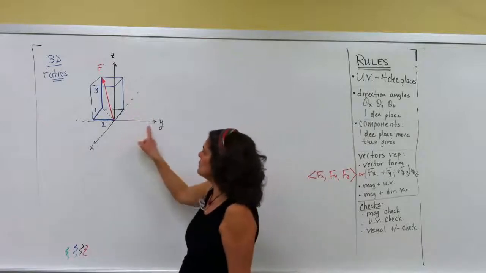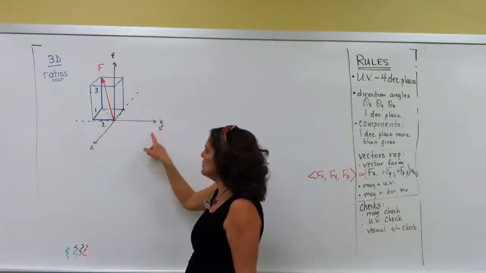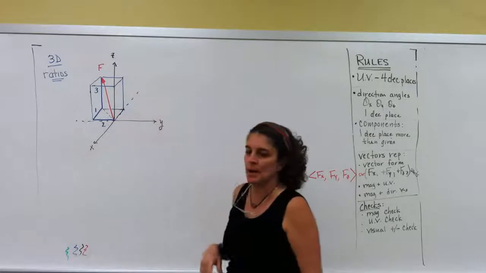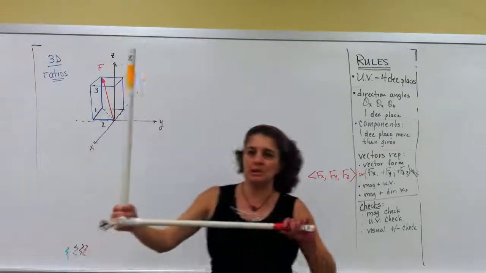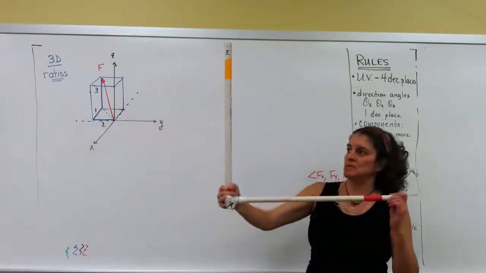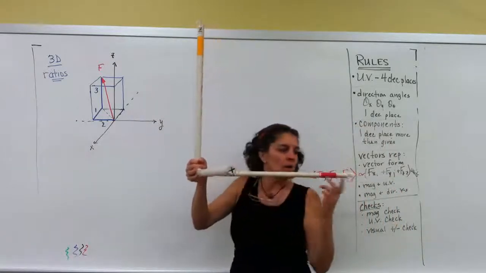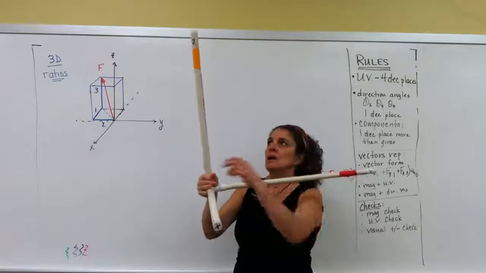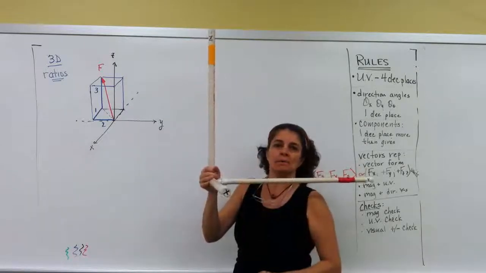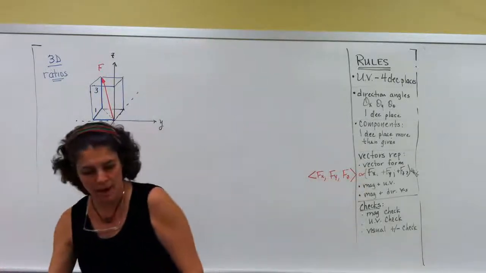There are times you're going to see the axes with x and y on the horizontal and z going up. I'm hoping that in the video you can see this. Here are my PVC pipe axes. The x-axis is coming out at you, the y-axis is here, and the z-axis is going up. So this is one way.